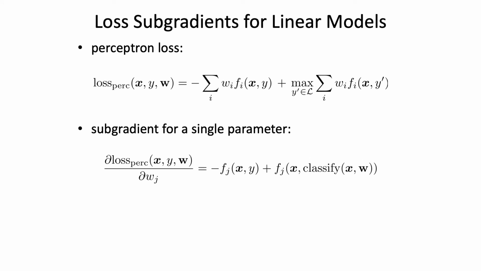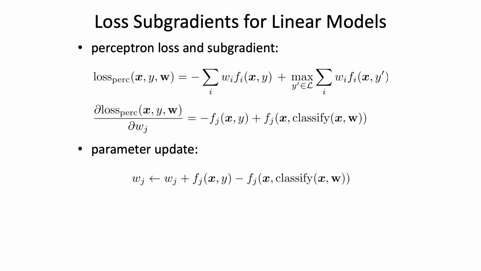Putting things together, the subgradient for a single parameter wj is the difference in the feature values between the gold standard y and the highest scoring y under the model. We can then work out the parameter update rule in stochastic subgradient descent, which will apply to every weight wj. This update has an intuitive form for the sparse features we've been talking about.